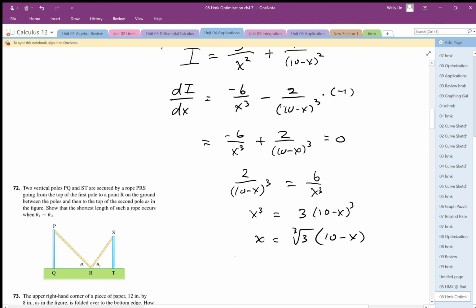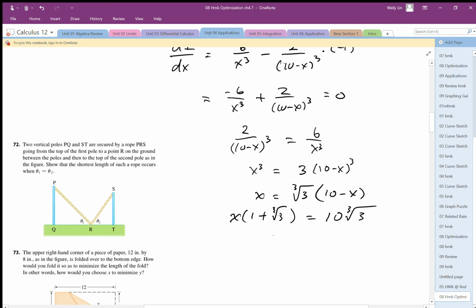I get x times 1 plus cube root 3. Move the cube root 3 x to this side, and keep the 10 cube root 3 on this side. Then the position is going to be 10 cube root 3 over 1 plus cube root 3.